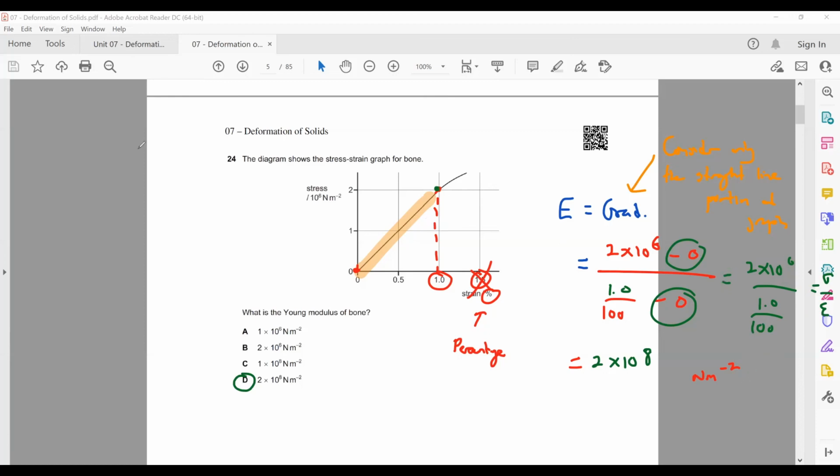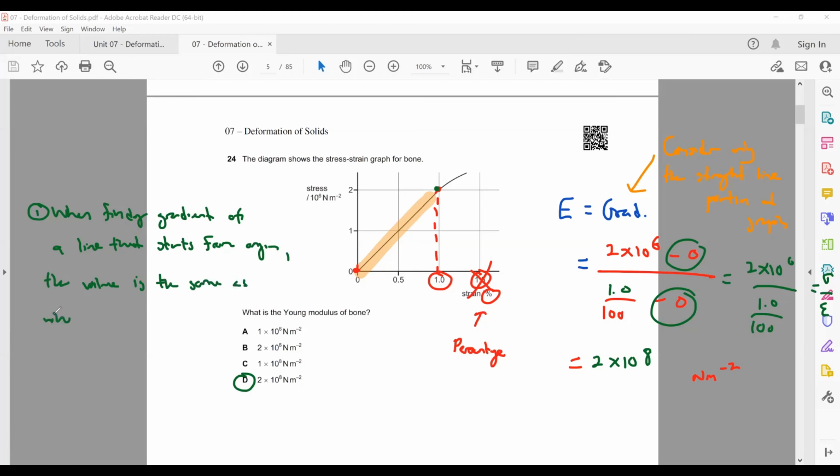What I just want to highlight to you here is that when finding gradient of a line that starts from origin, the value is the same as when single point substitution is used.